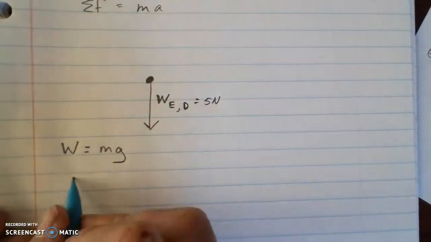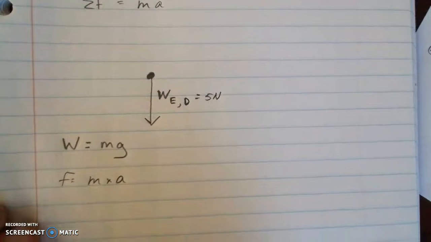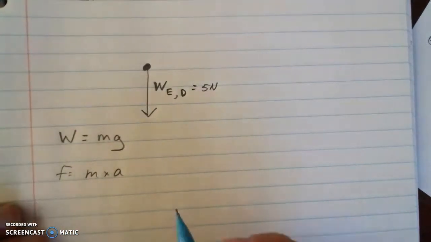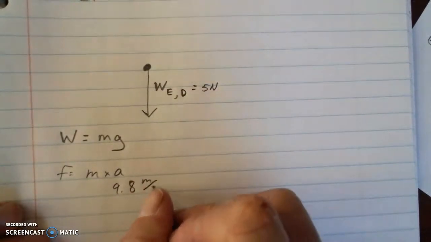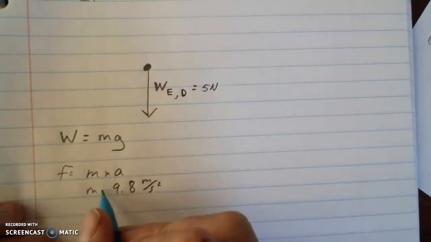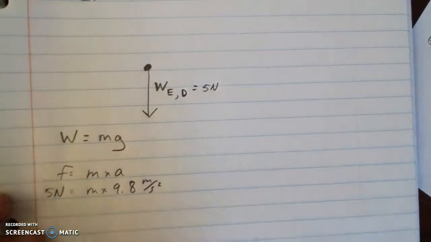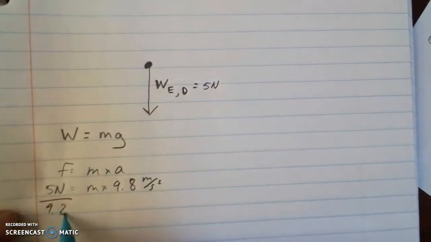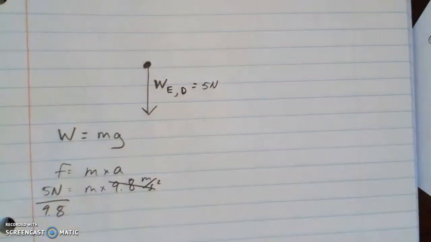We've got the force equal to the mass times the object's acceleration. So we know the acceleration of the document camera in free fall is 9.8 meters per second squared. We want to know what's the mass of the document camera, and I said that the weight force was 5 newtons. So we would divide 5 by 9.8 to solve for the mass of the document camera.